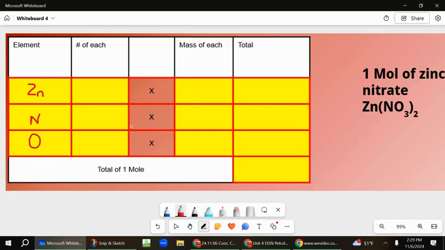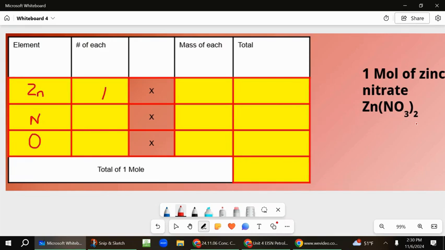Thank you, Genesis. How many zinc are there? One. Now, there are some nitrogen here, right? In this compound, NO3, how many nitrogens are here? 3. No. 2. 1. There's 6. Slow down. There's 1. Slow down.